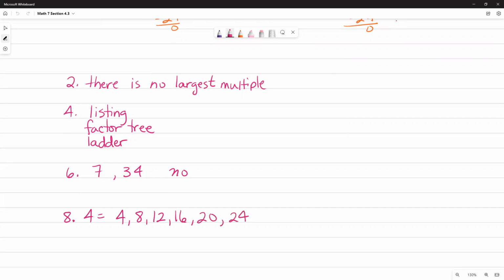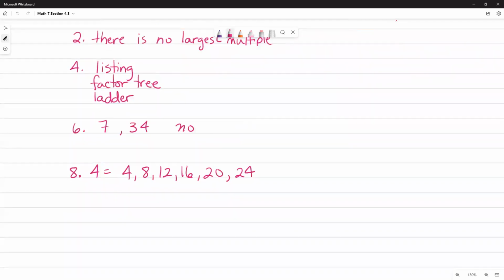They asked for the first 6 non-zero multiples, so those are for 4. For 10, I got 21, 42, 63, 84, 105, and 106. Yep, 84. Well, it's 105, but then you're adding 21 to it, so it's 126.